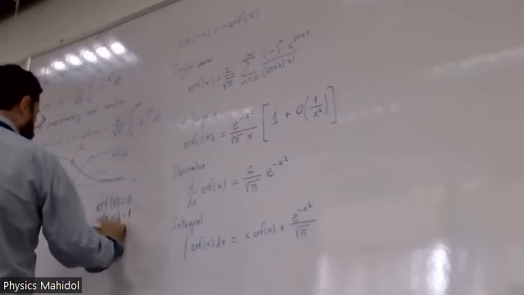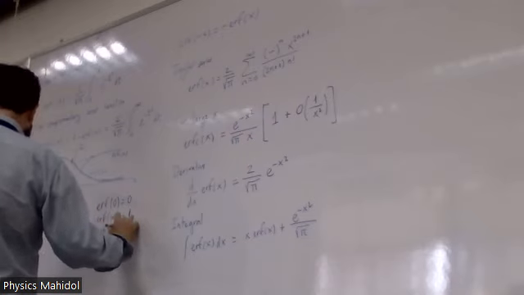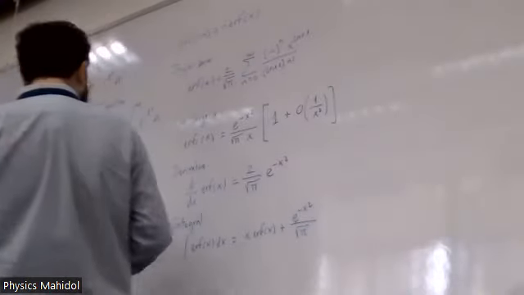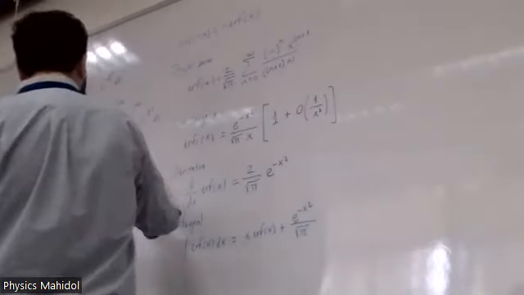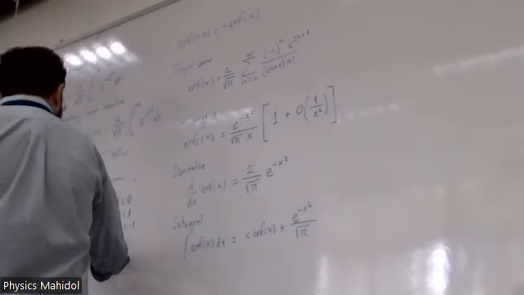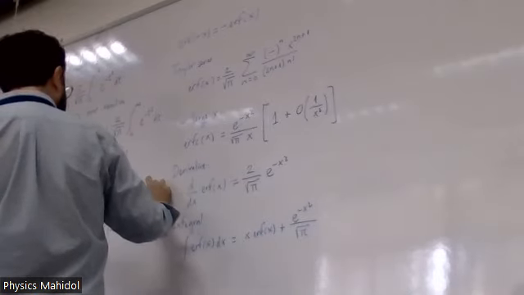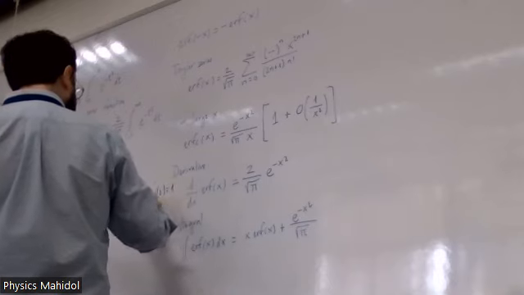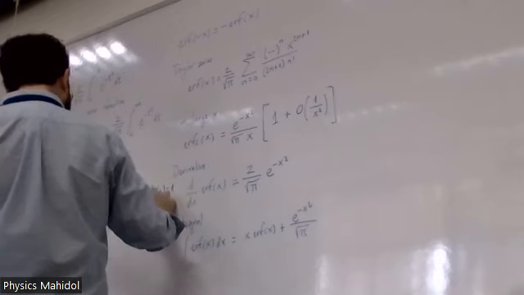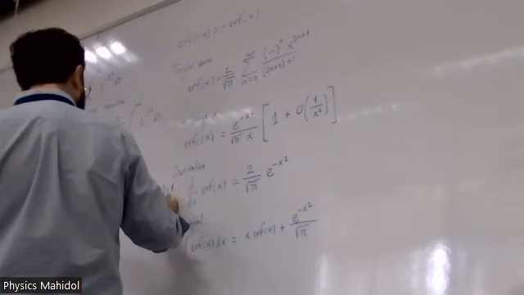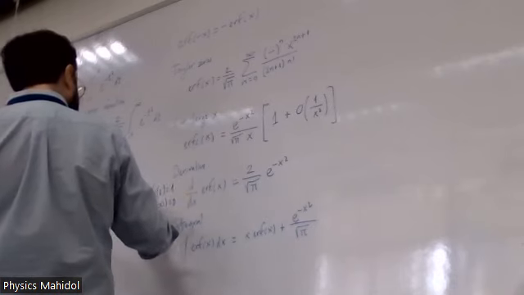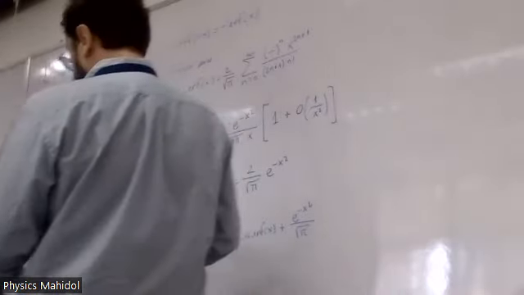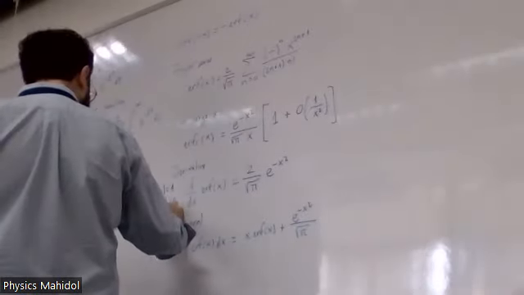And the error function when x goes to minus infinity is minus 1. And from the same definition, the complementary error function at 0 is 1. The complementary error function at infinity is 0. And the complementary error function at minus infinity is 2.